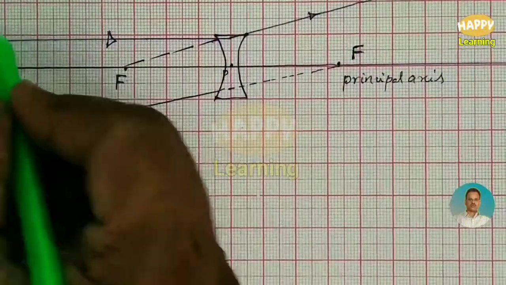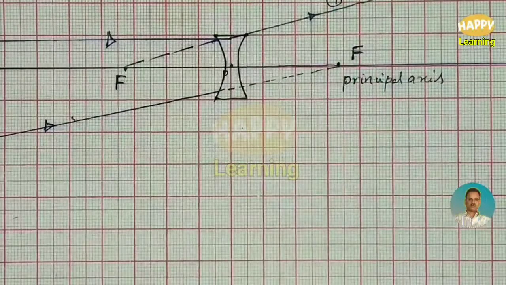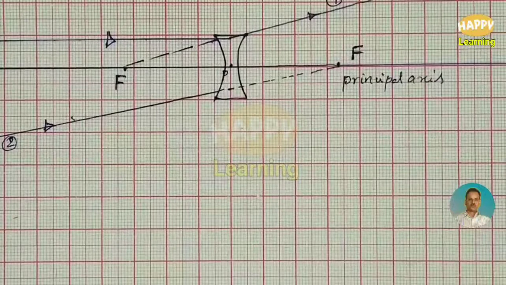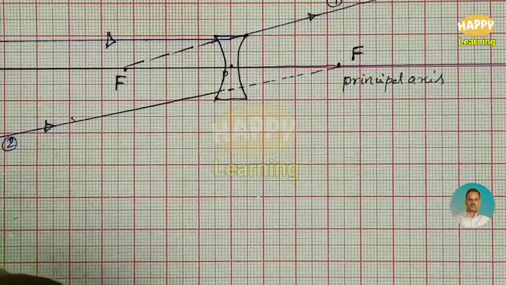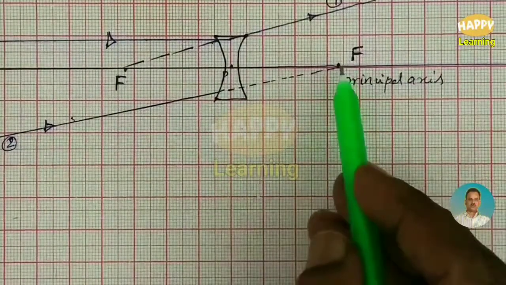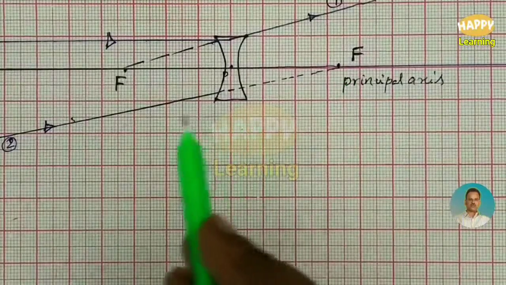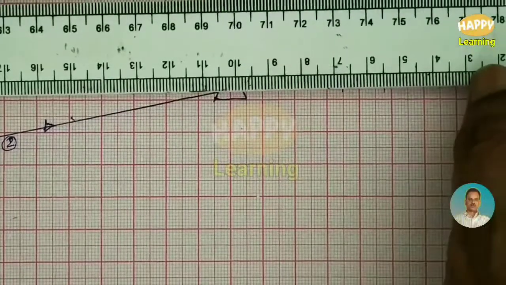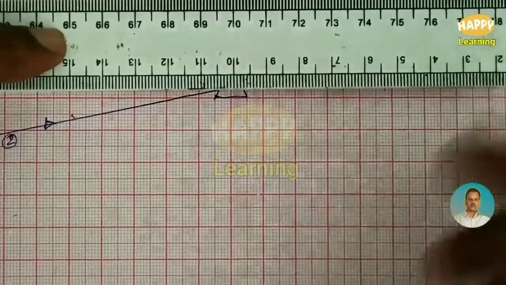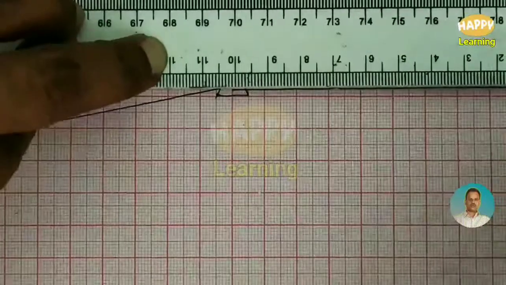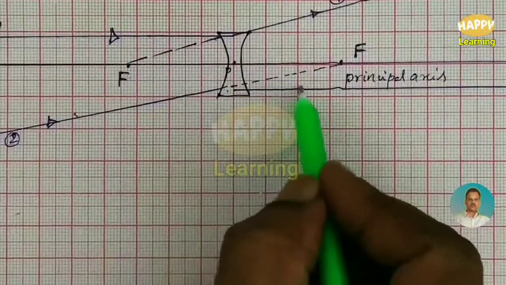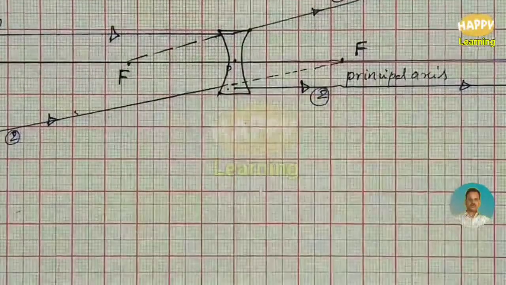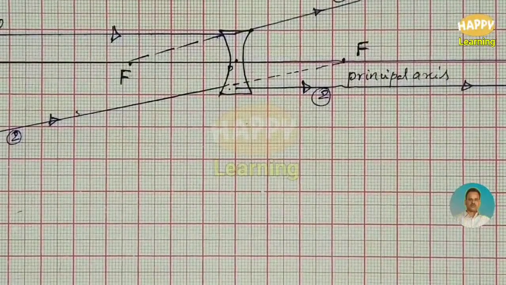So this is 1, this is 1, this is 2. Second ray, here this ray which is trying to enter into the focus, becomes parallel to the principal axis after passing through the concave lens.